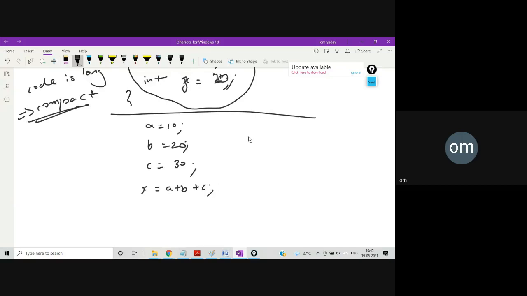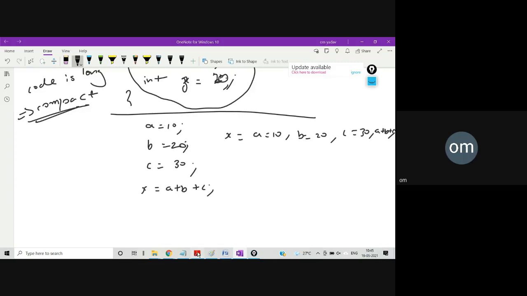This I can write in one single line: x is equal to (a equal to 10, b equal to 20, c equal to 30, a plus b plus c). So in one straight line, I can reduce the number of steps which I have written over here.